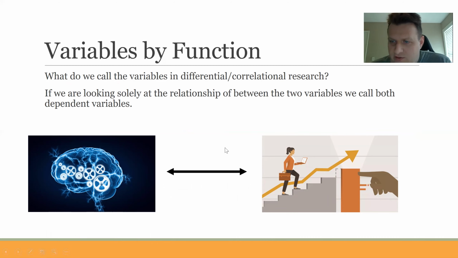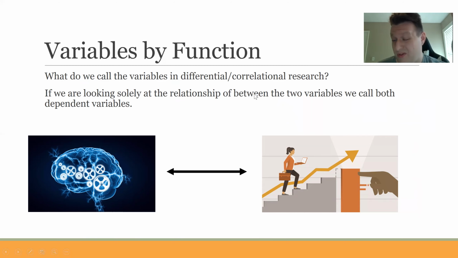Notice here, and this is going to be important later, I have a double-headed arrow. A double-headed arrow does mean that we're looking at a correlation between two variables. So in this situation, we might call both of these dependent measures, or dependent variables. We have the dependent variable of intelligence. We have the dependent variable of job performance.